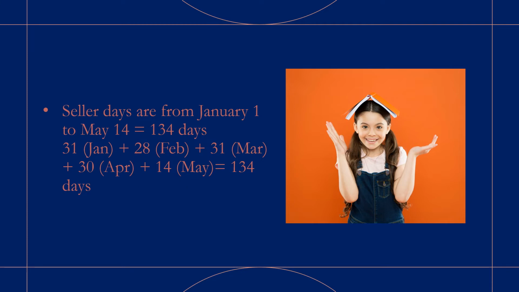That's actually 134 days. Because we're using actual days, you have to know how many days are in a month to solve these problems. We have 31 days in January, added to the 28 days of February, plus the 31 days in March and 30 days in April, plus 14 days in May, stopping with the day before the closing date. This equals 134 days.